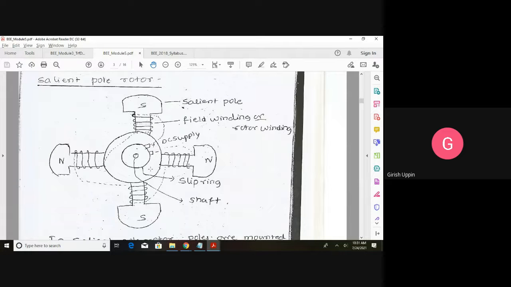And the turbines are connected to this rotor, and the water jets will rotate the turbine, which rotates the rotor, and this rotor is wound with a field winding, and that field winding is given DC supply.